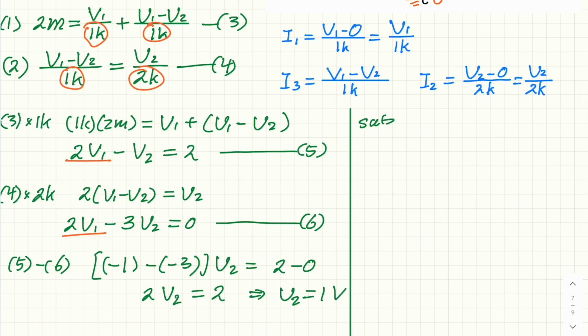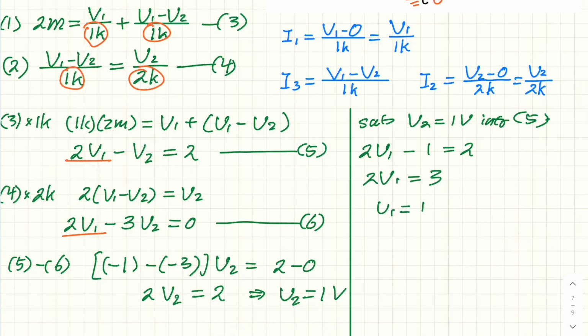We substitute V2 equal to 1 volt into 5. So 2V1 minus 1 equal to 2. 2V1 equal to 3 and V1 equal to 1.5 volt.